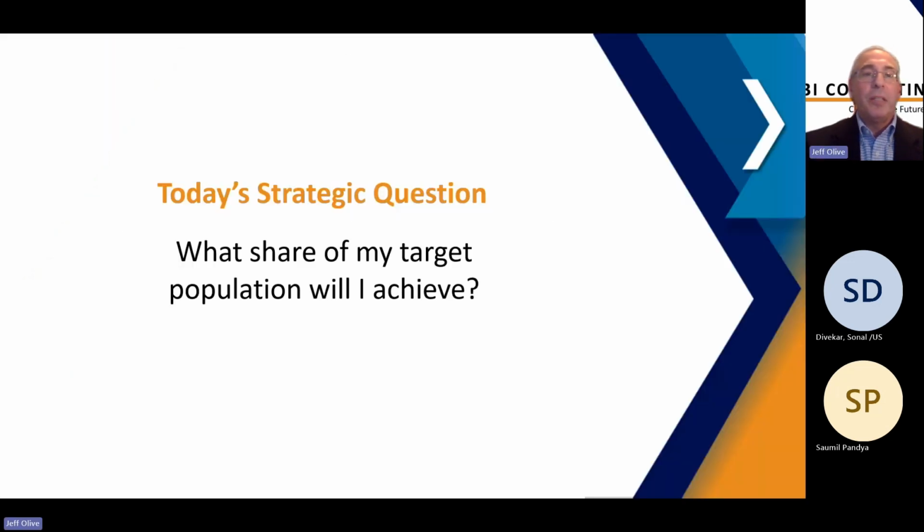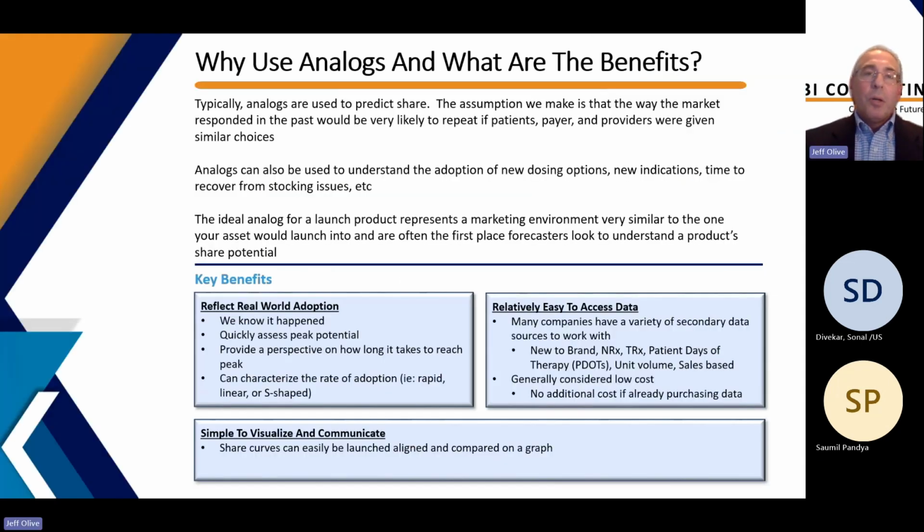But on to today's strategic question. What share of my target population will I achieve? So first, let's quickly level set on why we use analogs and what are the benefits. By far, I think the most common application of analogs is they help us predict market share.